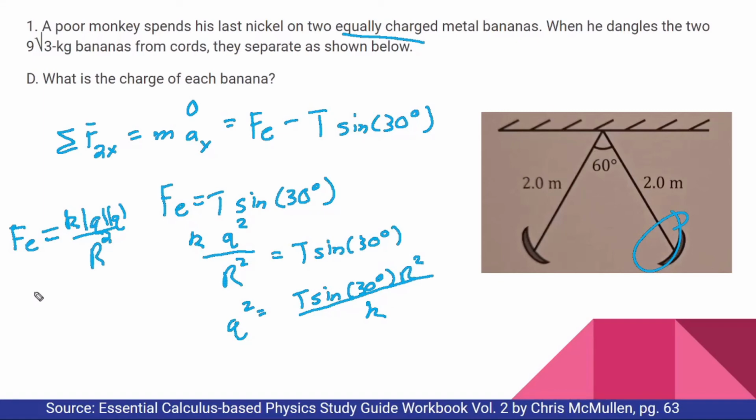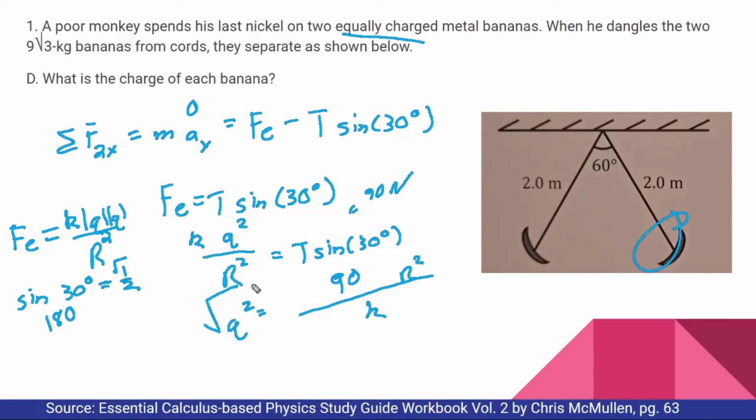Since we know that sine of 30 degrees is about 1/2, and the tension is about 180, we can deduce that this here is equal to about 90 newtons. So we can change this to 90.